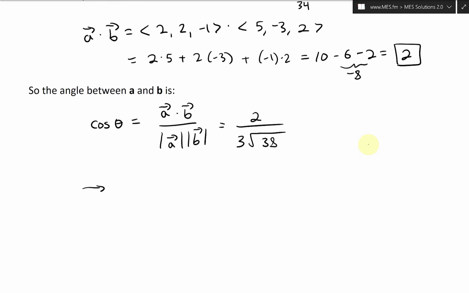So theta is equal to arc cosine, or cosine inverse, like that, of 2 over 3 square root 38, like that. If you plug this into the calculator, what you end up getting is this is going to be roughly equal to 1.46 radians.